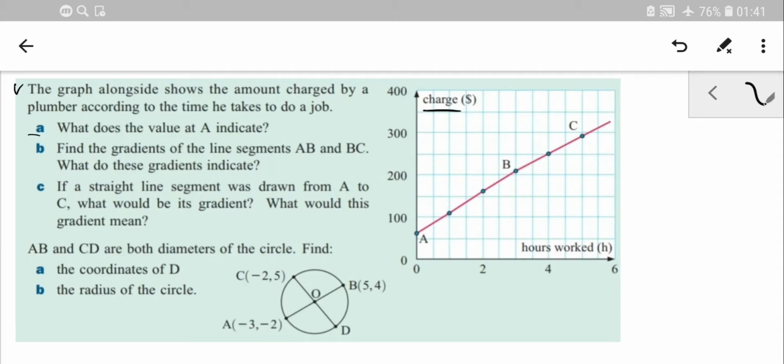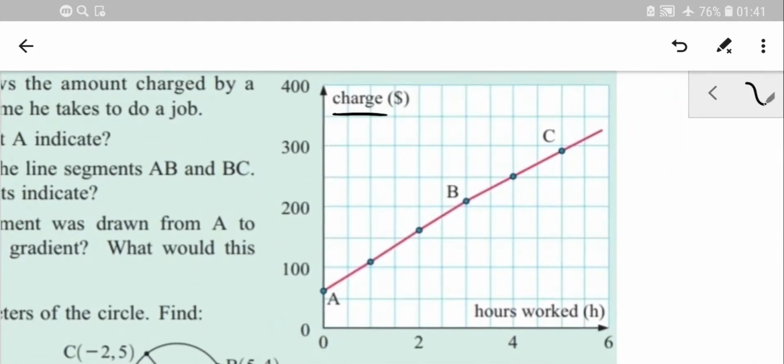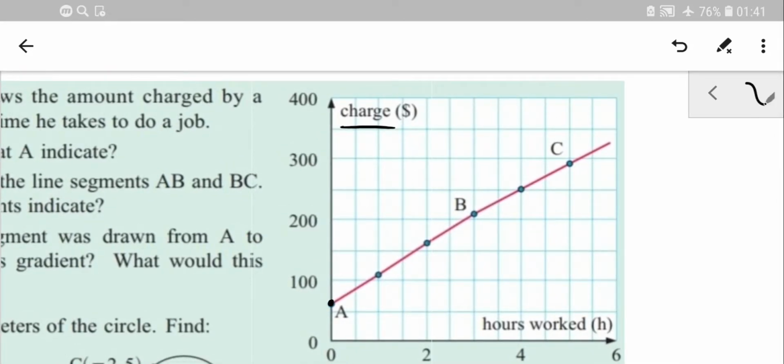So let's have a look at the graph, and here is the point A. Obviously the first coordinate is 0, for number of hours worked. It means that even if the plumber doesn't work at all, he needs to charge a minimum amount, per call out.